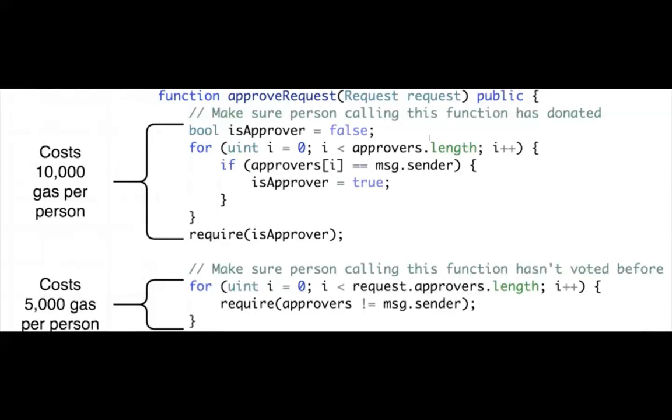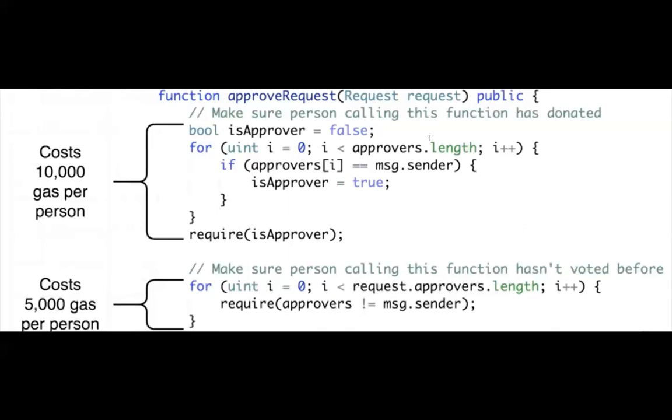So this implementation is way too expensive because we have these array data structures that we have to loop through to see if they're a contributor and if they voted before, and because we're looping through them, we have to spend a tremendous amount of money as more people are introduced. So I encourage you to avoid working with arrays wherever possible when developing your own contracts.